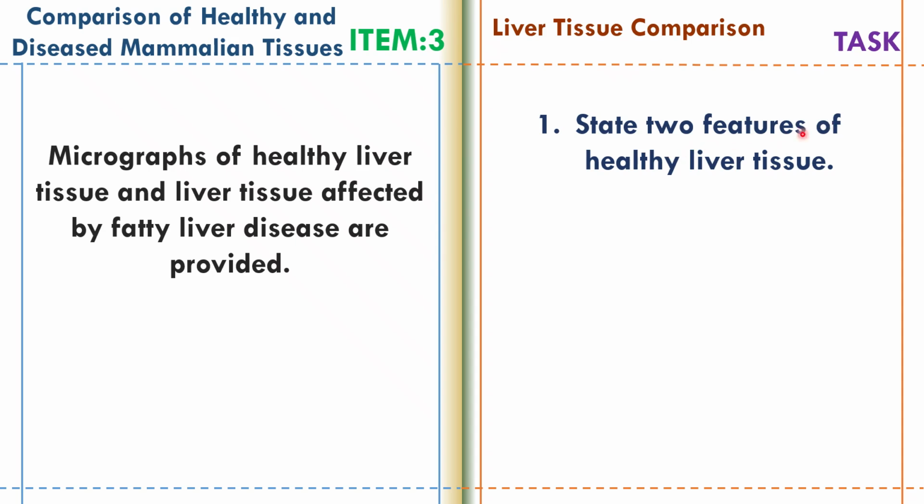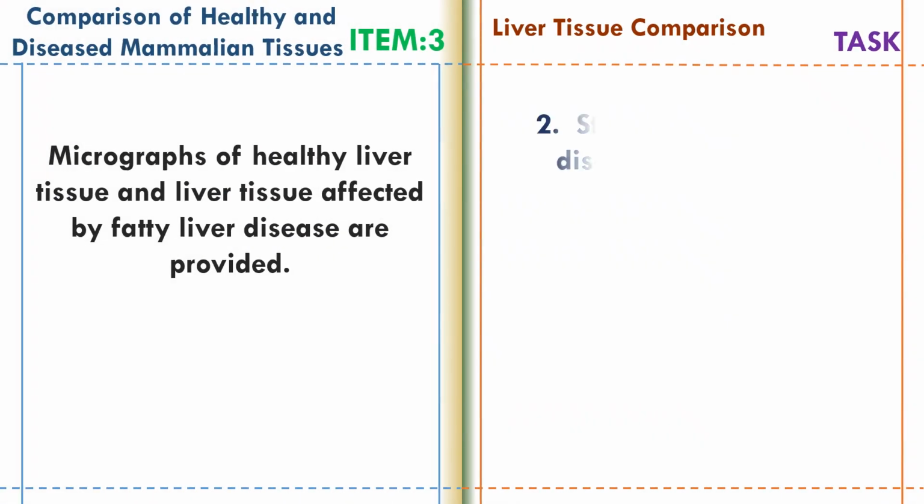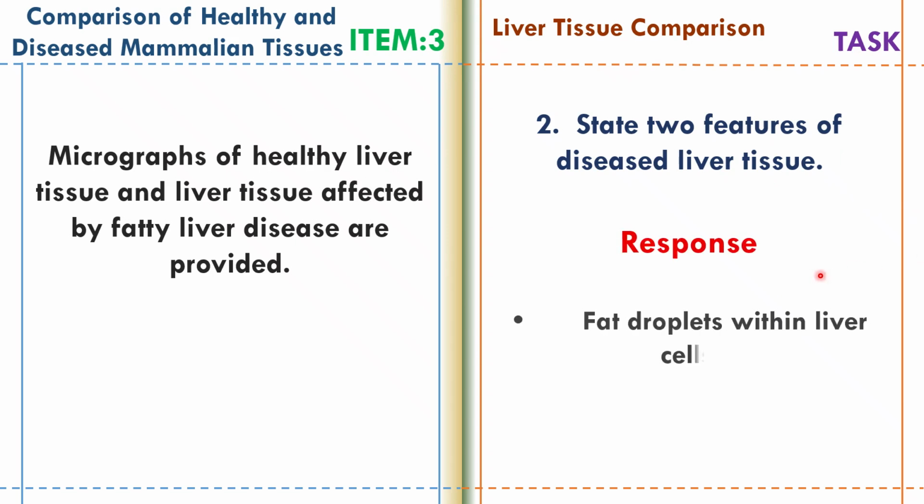State 2 features of healthy liver tissue. Well-organized hepatocytes and clear sinusoids. State 2 features of diseased liver tissue. Fat droplets within liver cells.